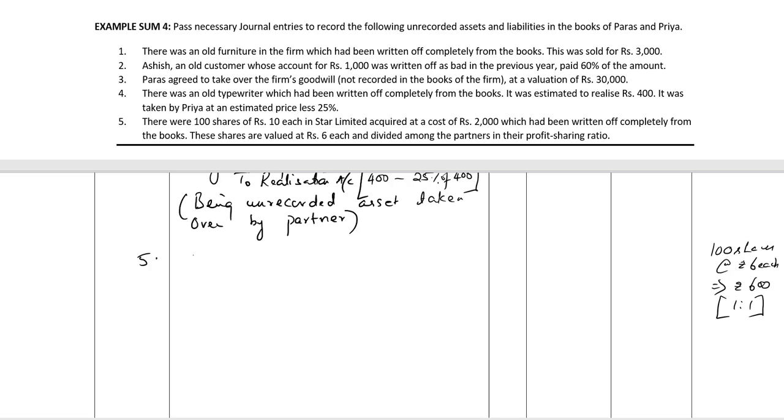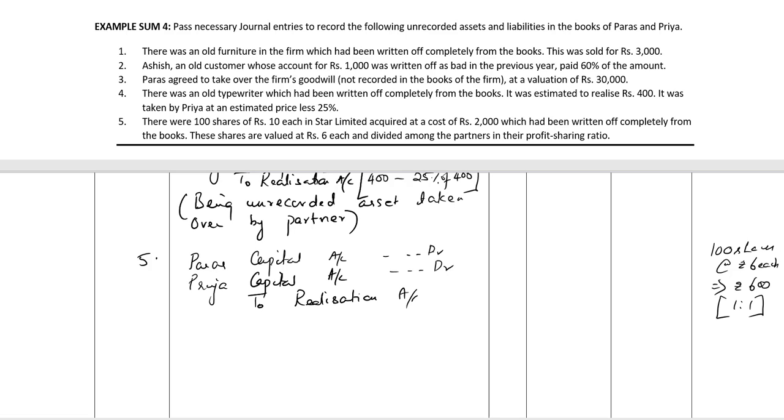So journal entry: Paras capital account debit, Priya capital account debit, to realization account. Total amount of the shares 600 rupees divided in 1:1 ratio.